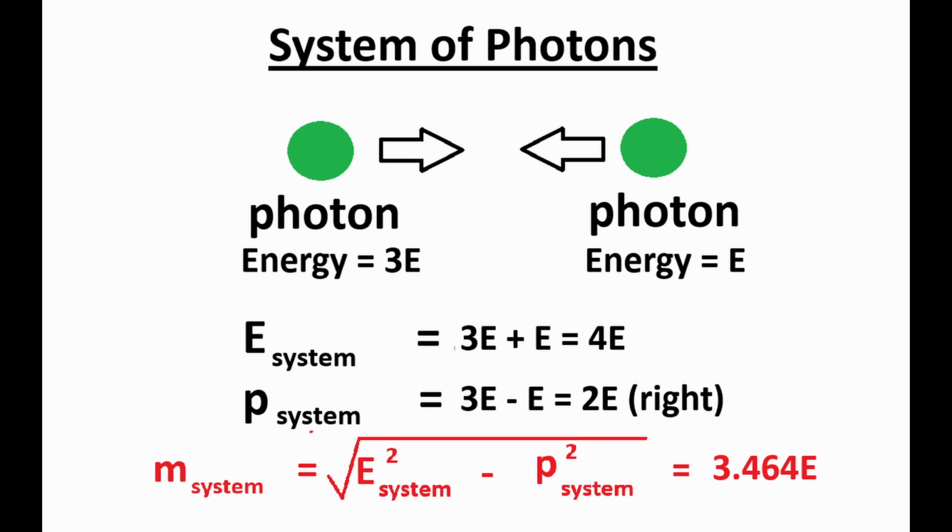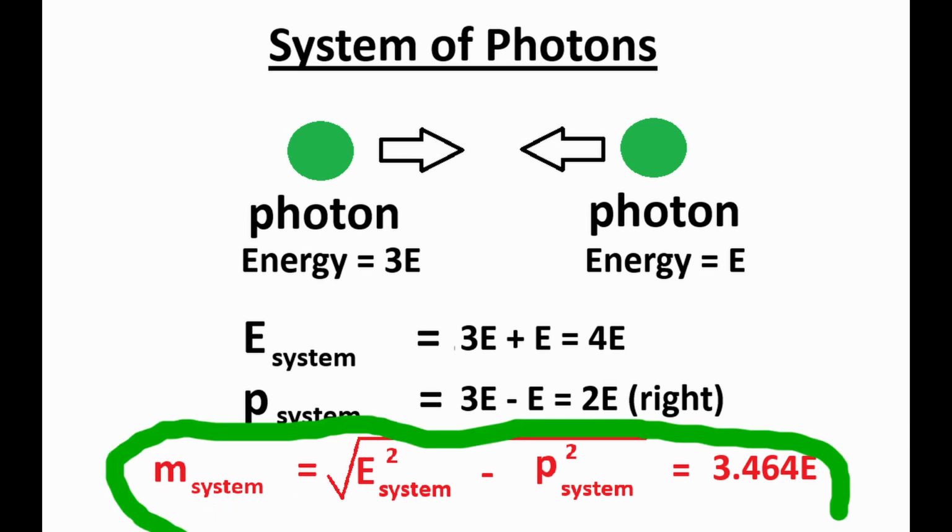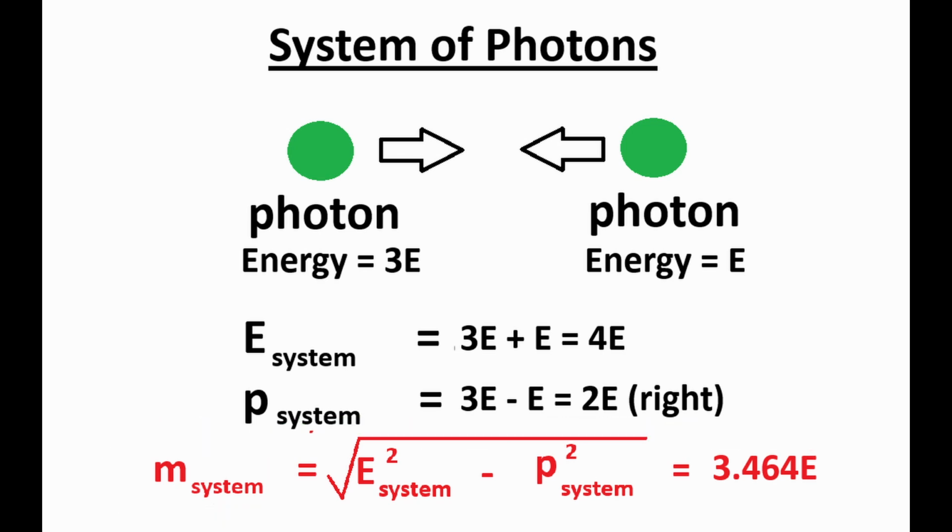We can use these values to calculate the system mass as the square root of the system energy squared minus the system momentum squared, yielding a value of 3.464 e of mass. A system consisting of massless particles actually has mass.